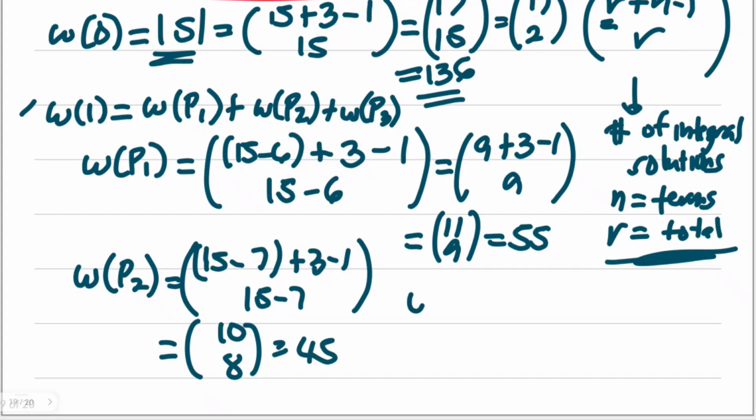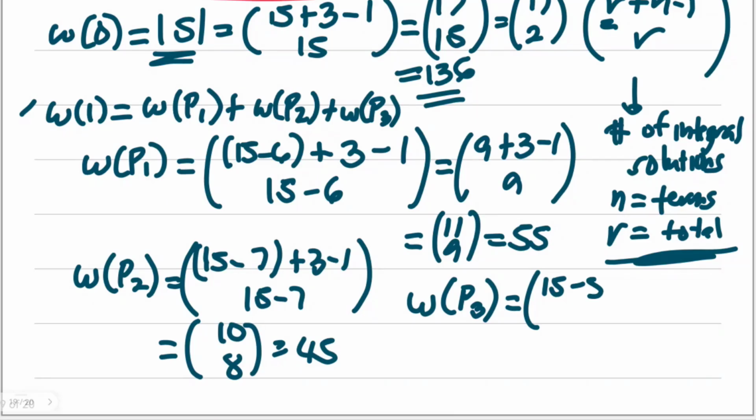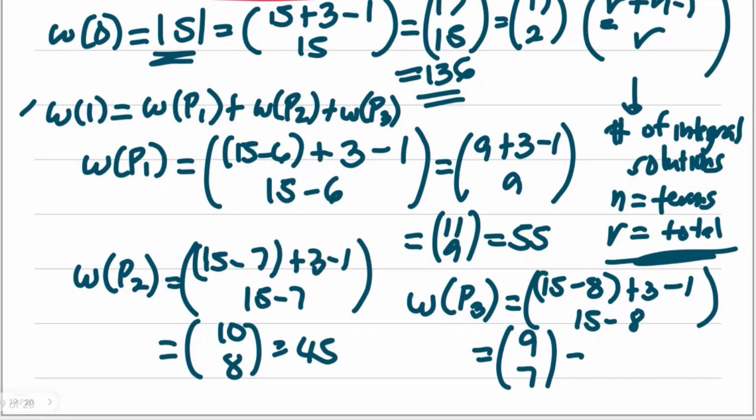Then for the omega of p sub 3, you will have 15 minus, again, greater than 8, so you will have 0 until 7, that's 8, plus 3 minus 1, 15 minus 8. So that's a 7 plus 3, so 9 combination 7.